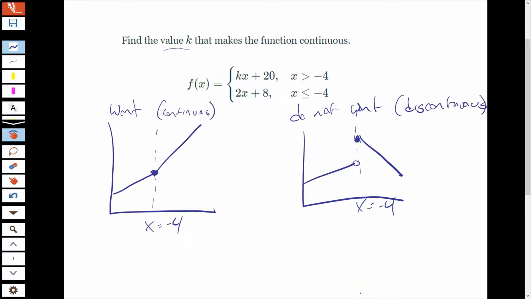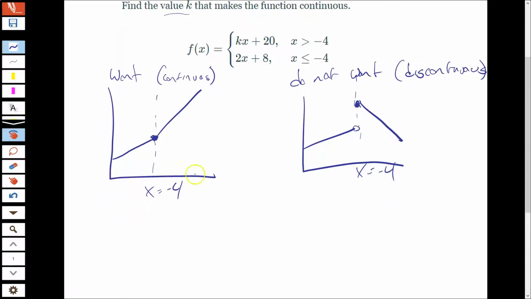So you may be seeing where this is going already, especially if you're here after watching the last lesson. What we want is for the two pieces to be equal at this particular x. So we want kx plus 20 to equal 2x plus 8 at x equals -4.